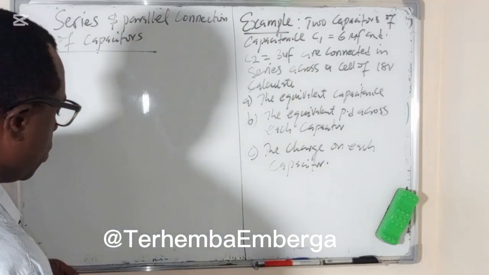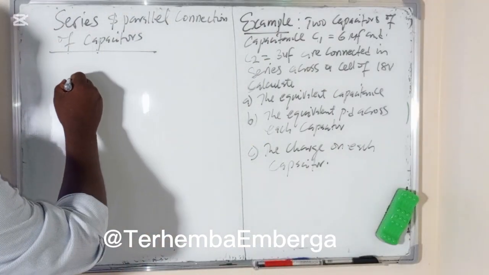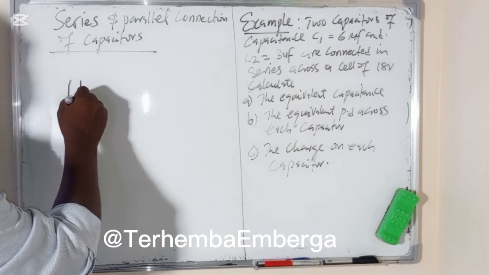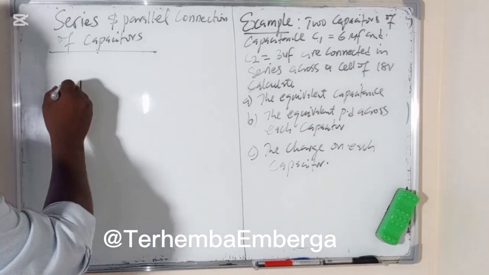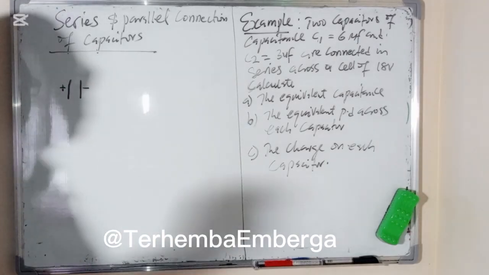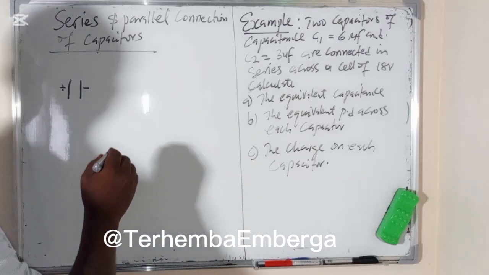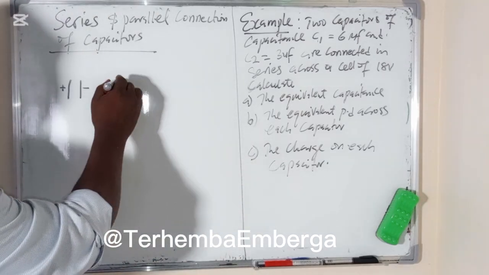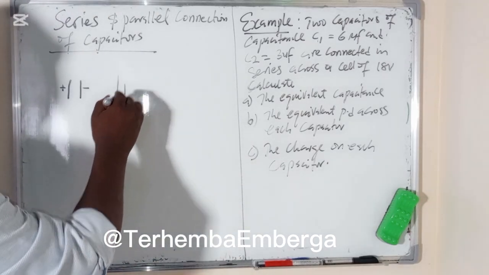I want to remind you that this is a circuit symbol of a capacitor. It has the positive and the negative. Please, there's a big difference between this and this.